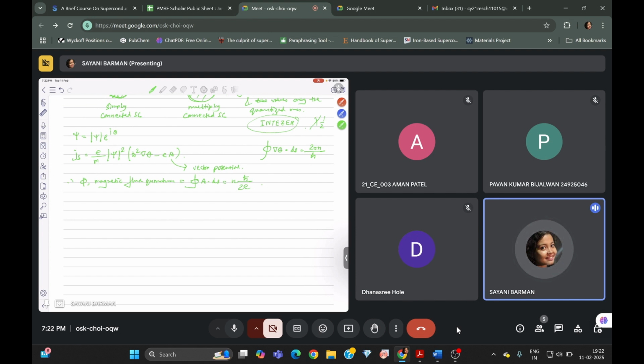So this means the flux quantum, or you can also write it as phi 0. This means the flux is quantized in certain integer values of phi 0. Okay, moving to the next question.